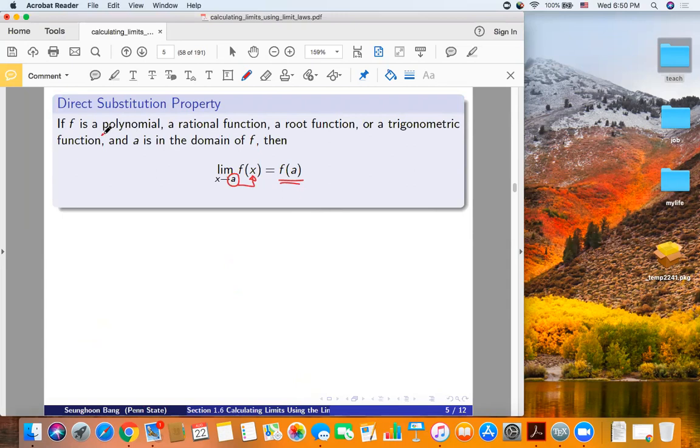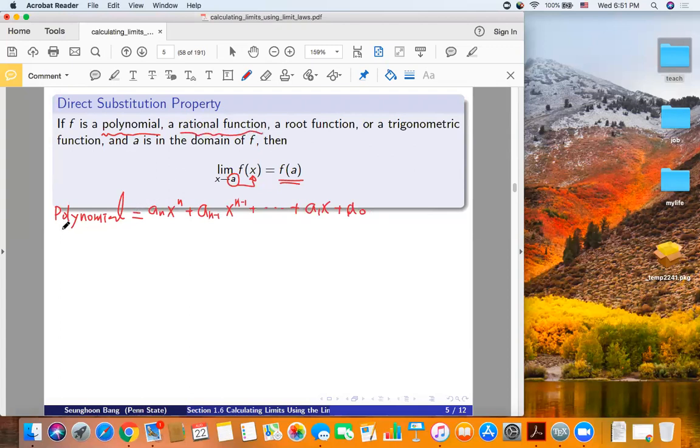Do you know what a polynomial is? A polynomial is like a_n x to the power n plus a_(n-1) x to the n minus 1 plus and so on, plus a_1 x plus a_0. So we call that a polynomial. What is a rational function?